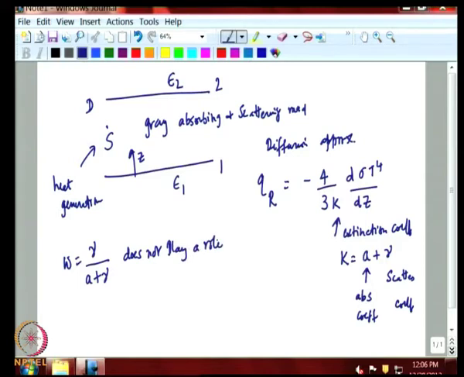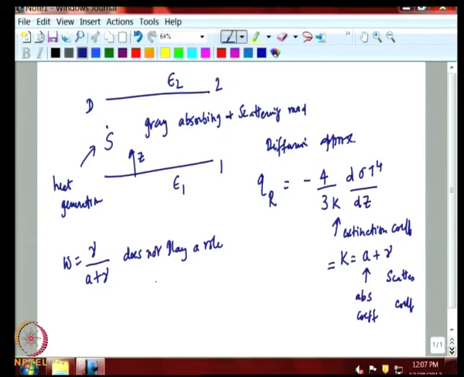So, scattering behaves similar to absorption, and so we have an extinction. The role of scattering really is to remove the photon from the path, and it does not play any other role. But this, remember, is in view of the approximation we have made.